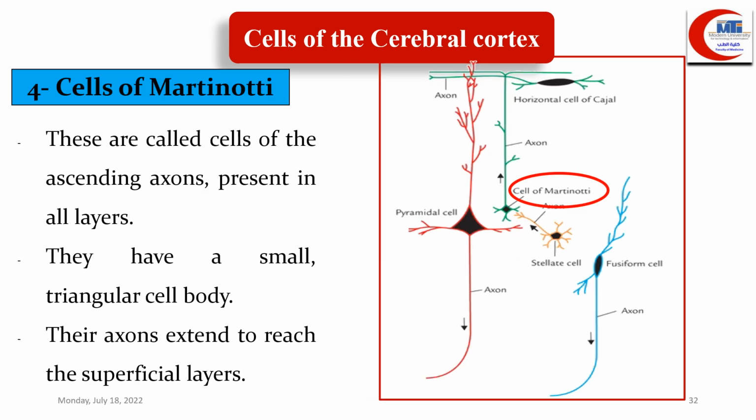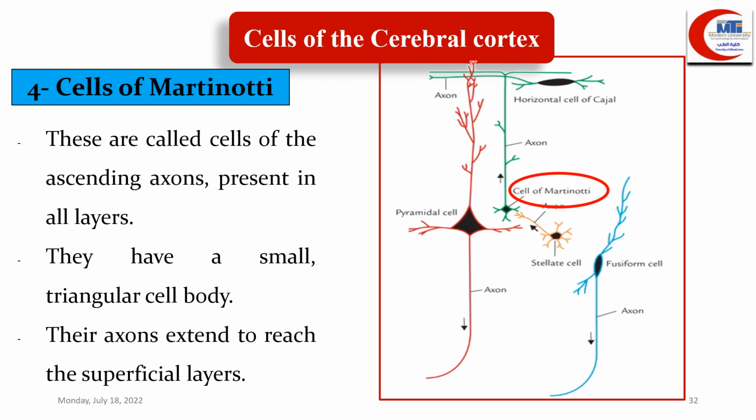The fourth cell in the cerebral cortex is called the cells of Martinotti. These are called cells of ascending axons, present in all layers. It is named by this name because it has an ascending axon.